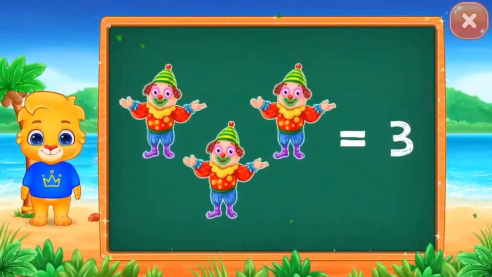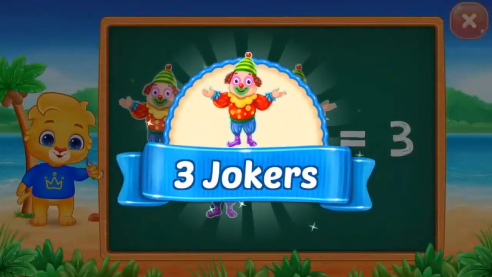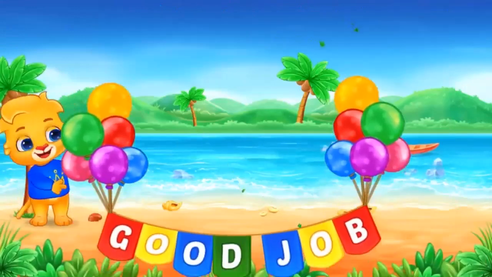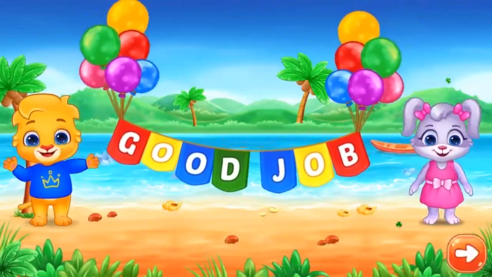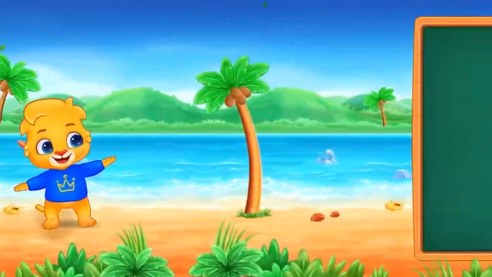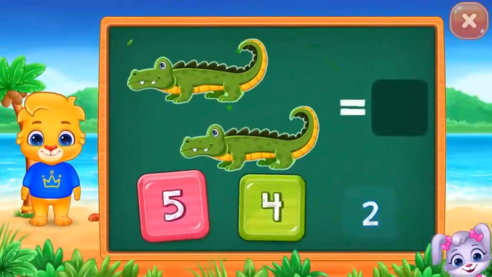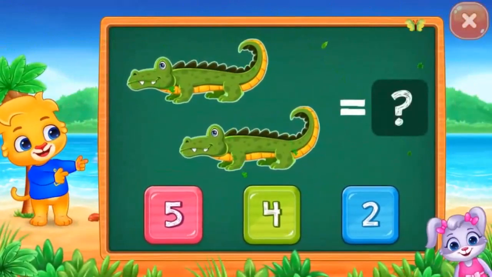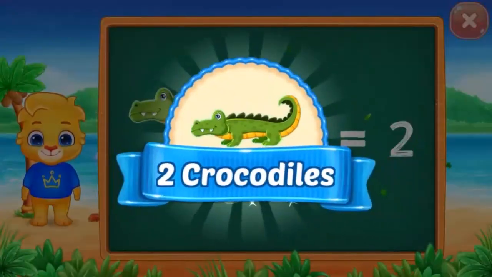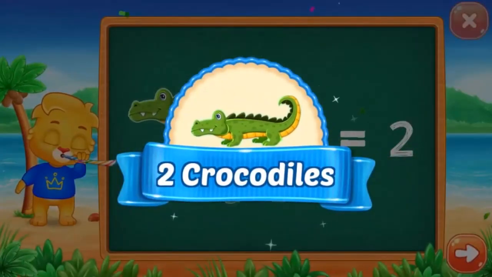Woohoo! 3 jokers! Good job! Crocodiles! 2! Woohoo! 2 crocodiles!